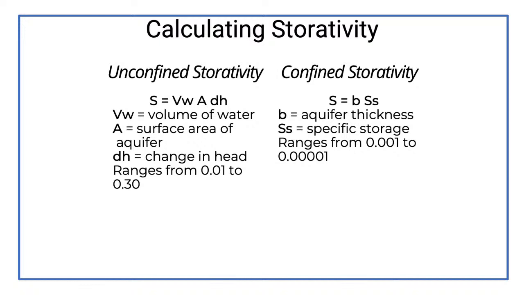Now, sometimes we start to pump these confined aquifers, and you actually dewater the aquifer. This is bad because now you start collapsing down the storage capacity of that aquifer.